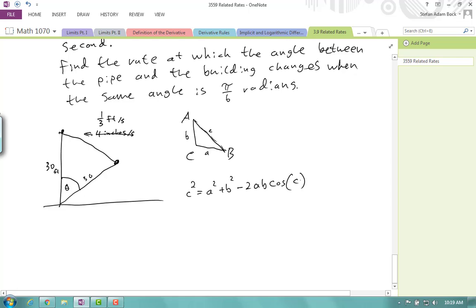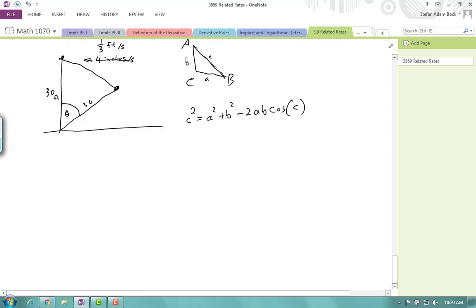And I use this, so if I know two legs and an included angle, I can find the length of the third side, because that'll be the square of the first leg plus the square of the second leg minus 2 times the product of both legs times the cosine of the included angle. So adapting this to my problem, I'll call x the amount of cable I have between the building and the pipe.